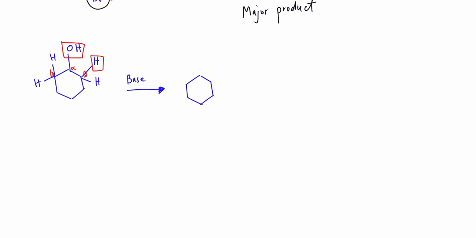We would have this, and you still have your two hydrogens right there, and one hydrogen here. Or I could eliminate the other side, which is actually the same thing. I could have a double bond here, with one hydrogen left and two hydrogens here.